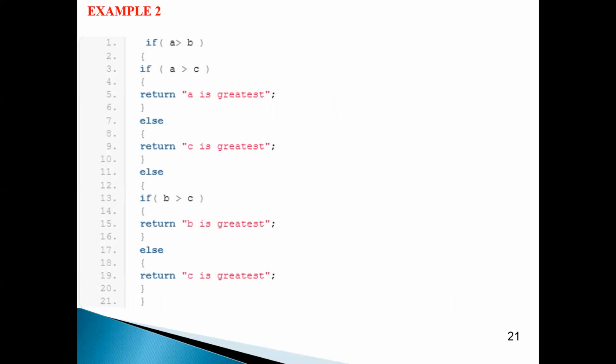For example, a more b, a more c. If so, return a is greatest, else return c is greatest. Else, if b more c condition, return b is greatest, else return c is greatest. It's simple too.